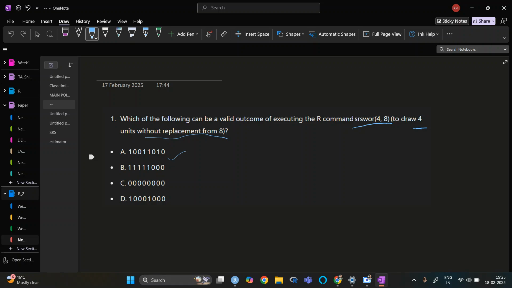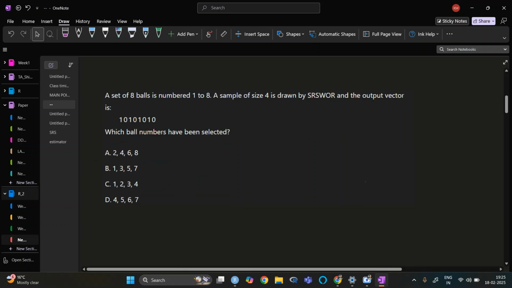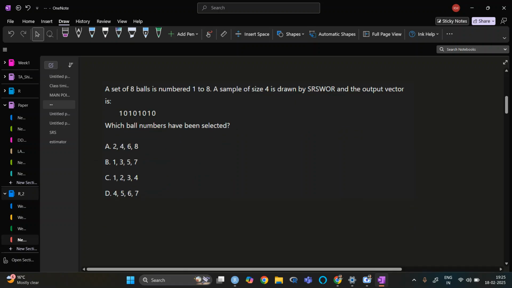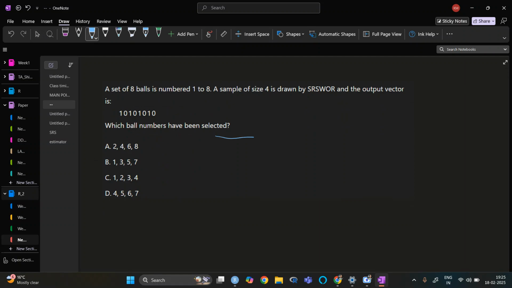In the second one, there are 5 units, so basically 1, 2, 3, 4, 5. This is not correct. This one is also not correct because it is all 0. This is also not correct because there are only 2 ones. We need to see how many ones there are. The next one asks which balls have been selected here.